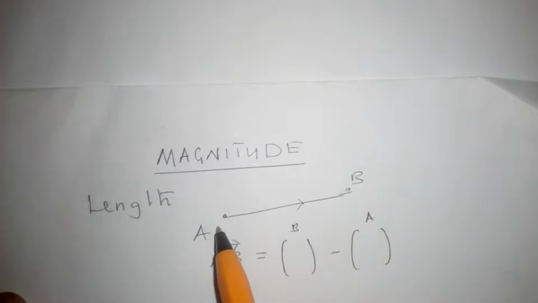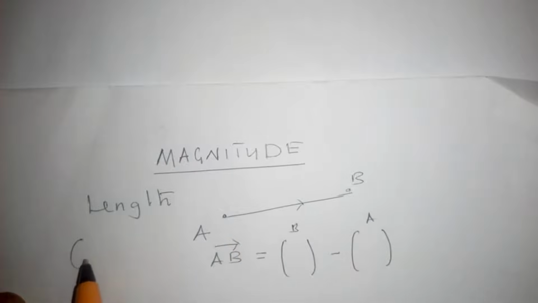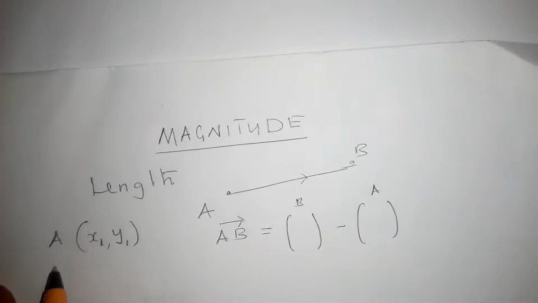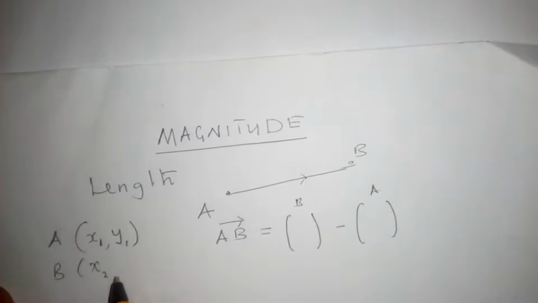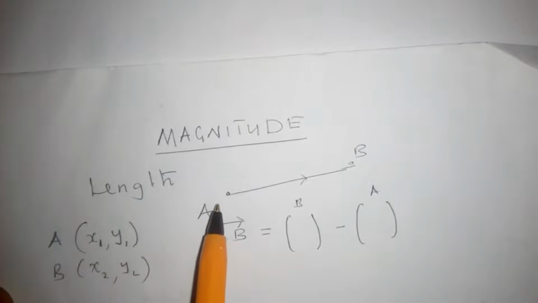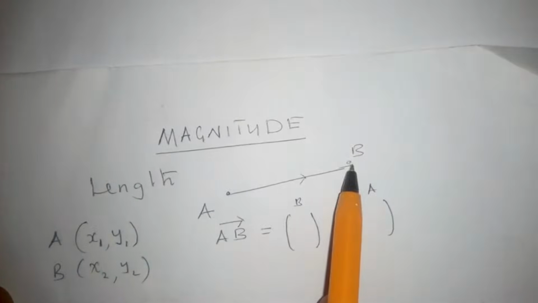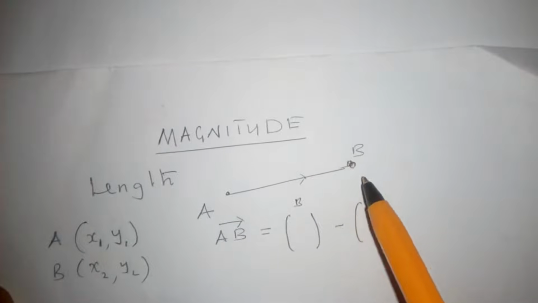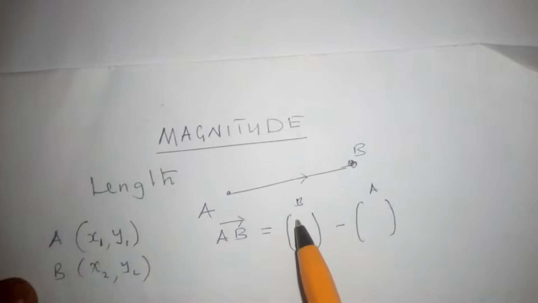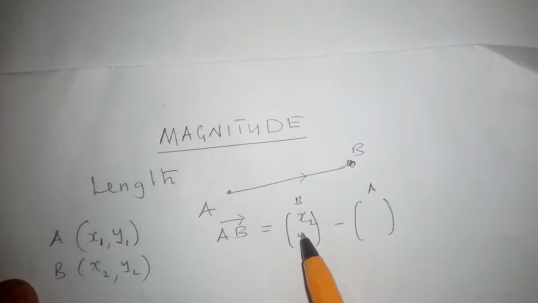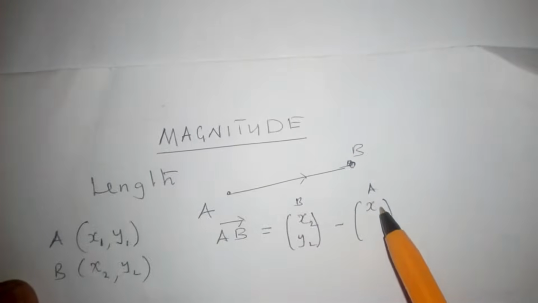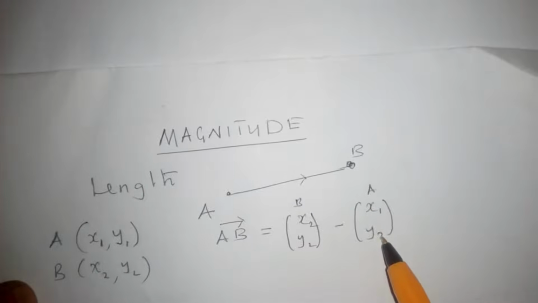Let's say here at A we have coordinates under the x-axis x subscript 1 and y subscript 1. This is A. And then for B we have x sub 2, y sub 2. So these coordinates are for A and these coordinates are for point B. When writing here, we'll say x sub 2, y sub 2, and here x sub 1, y sub 1.